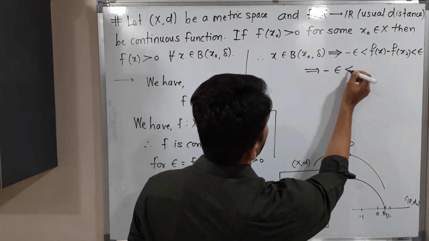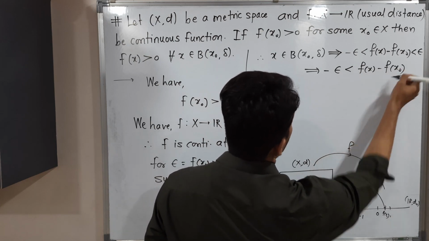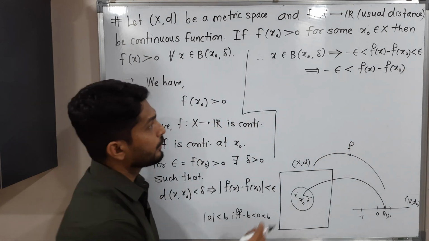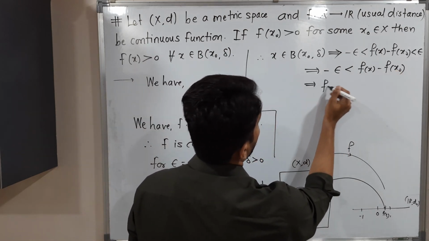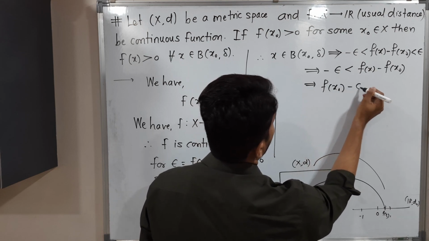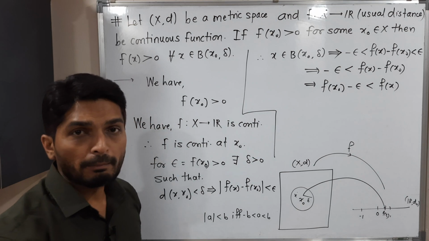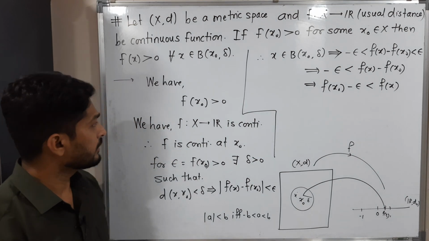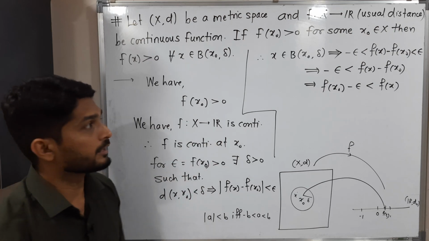So minus epsilon less than f of x minus f of x naught. Now I am going to shift this f of x naught to this side. So we will have f of x naught minus epsilon less than f of x. Do you remember the value of epsilon? Epsilon is nothing but f of x naught. So let us put the value of epsilon there.